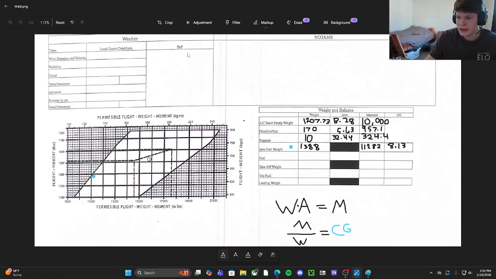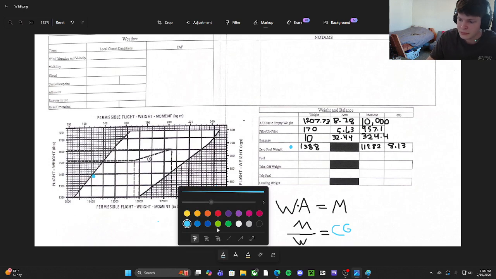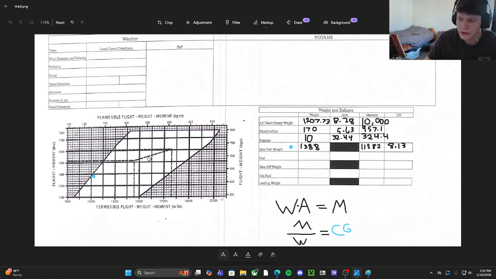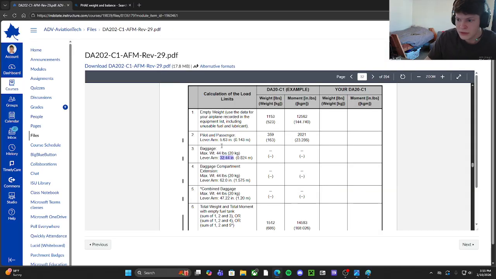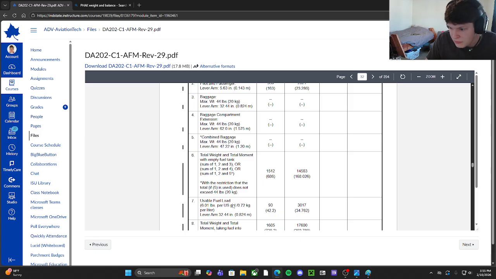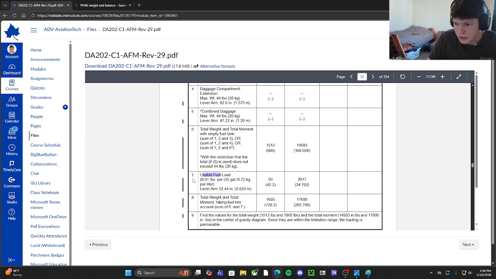Alrighty. Now we would add our fuel. I just know this off the top of my head, but our DA20 can hold 24 gallons of fuel. And looking at the usable fuel load, it's 6.01 pounds per gallon.